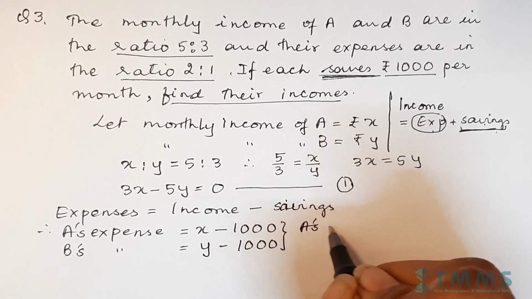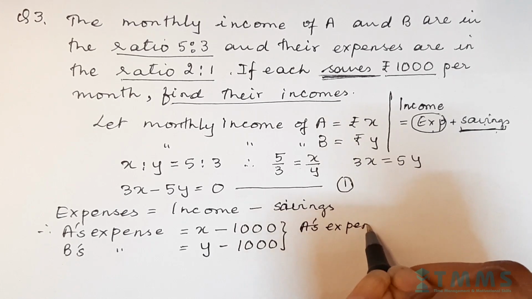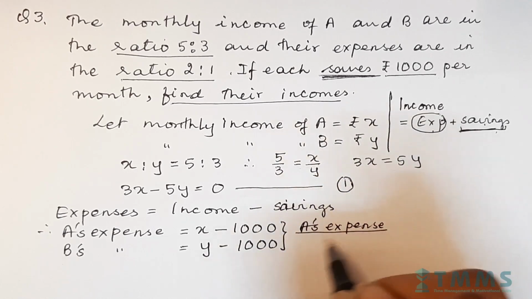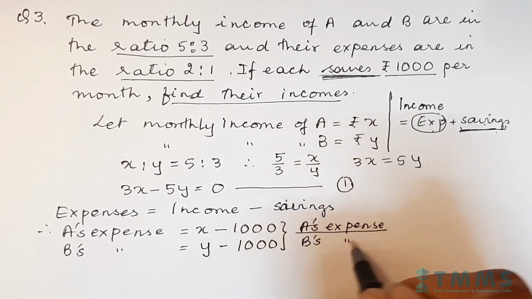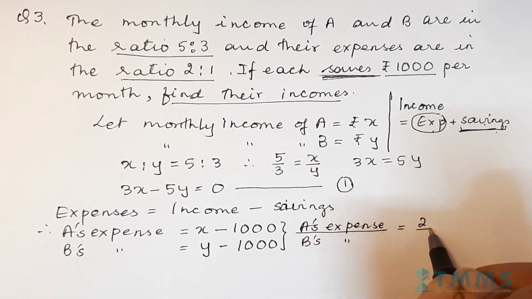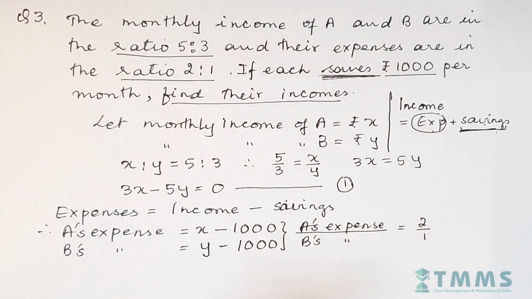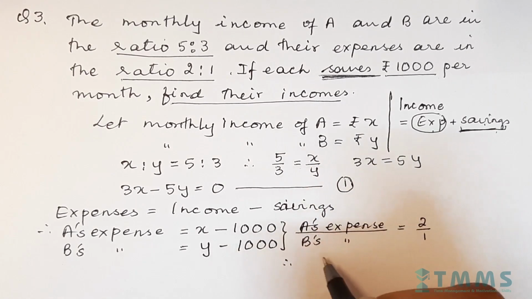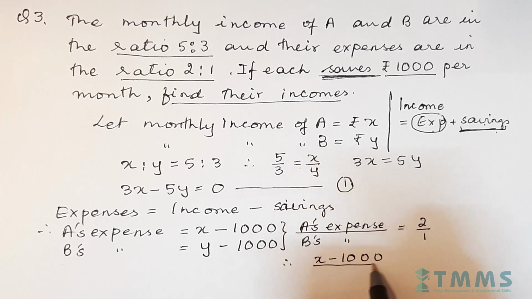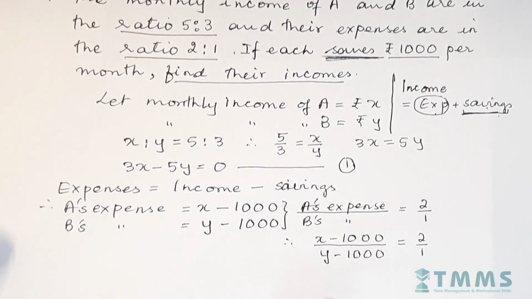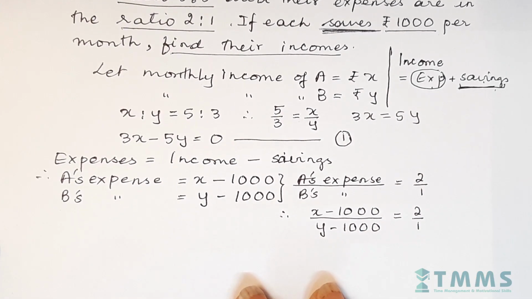So A's expense upon B's expense is going to be 2/1 because the ratio is 2:1. And so if we substitute, we will have X minus 1000 upon Y minus 1000. That will be 2/1. Now let us see how we can proceed after this.